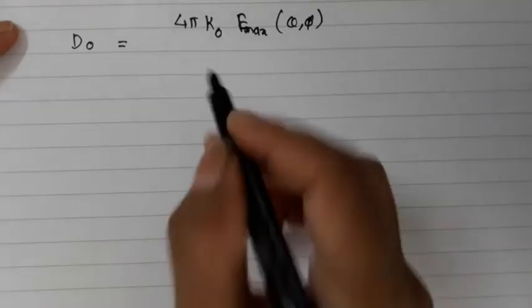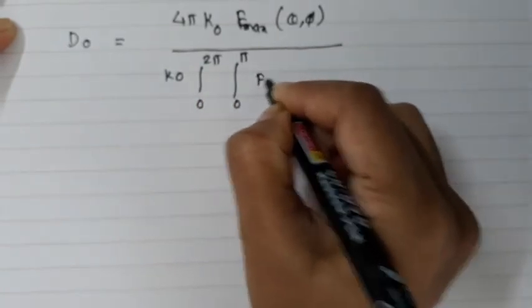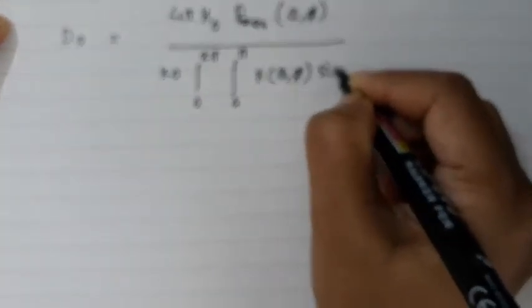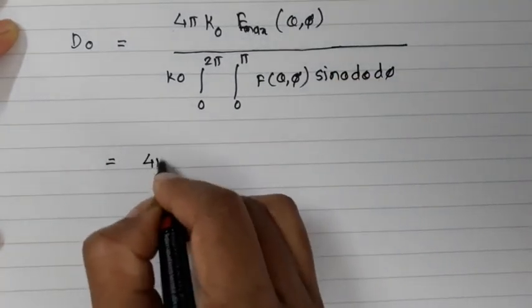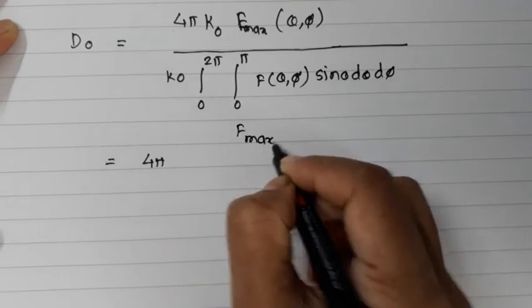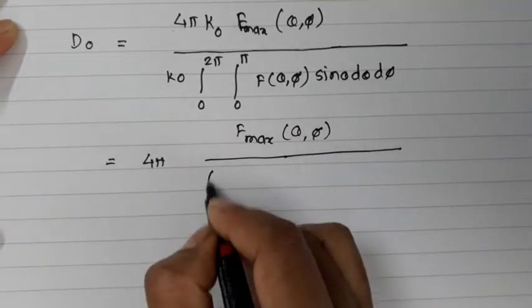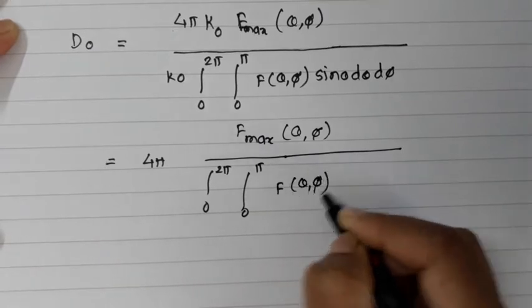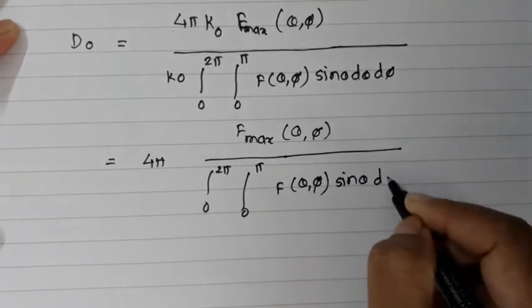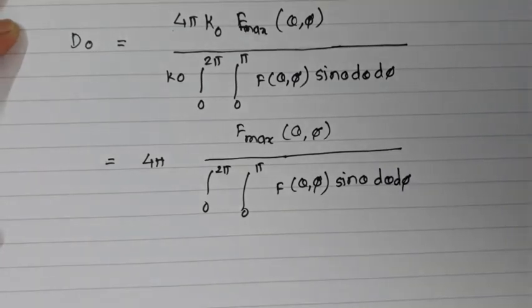So here I'm using the two equations to get the third equation. Here we have cancelled out the K0.